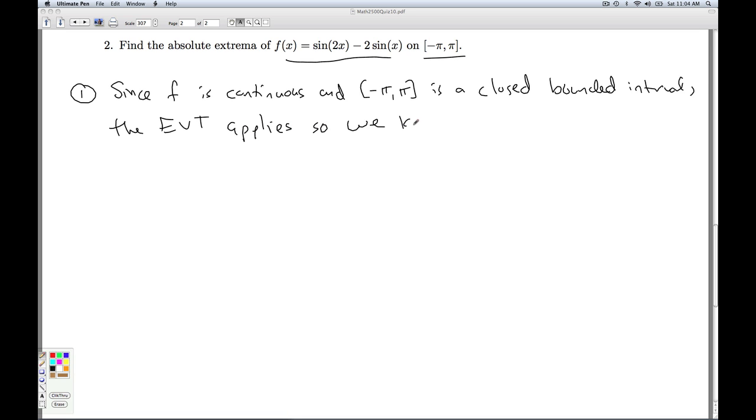So we know f attains a max and a min on the interval negative pi to pi. Okay, we have a continuous function on a closed bounded interval. The extreme value theorem guarantees us that we can find the absolute max and absolute min.